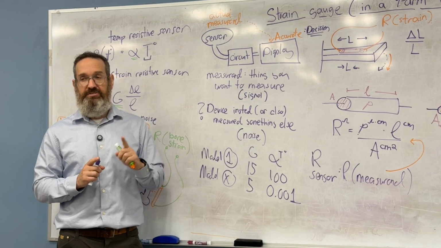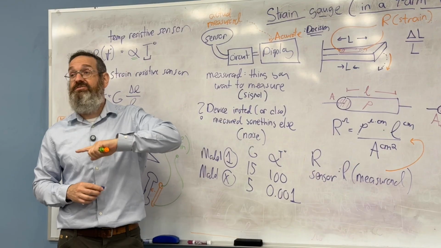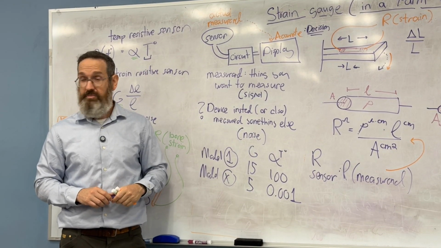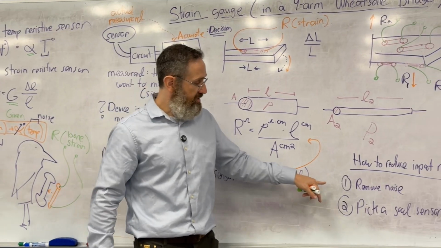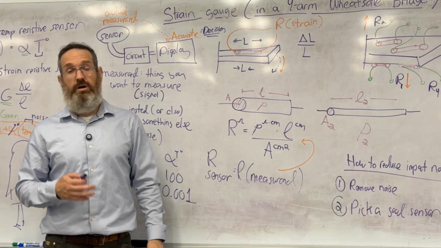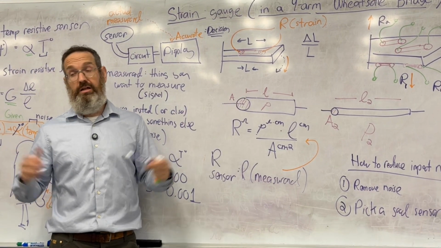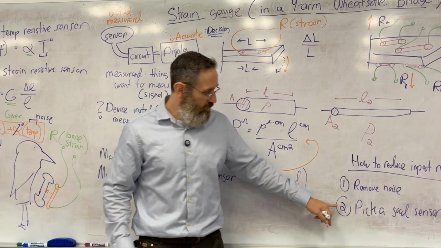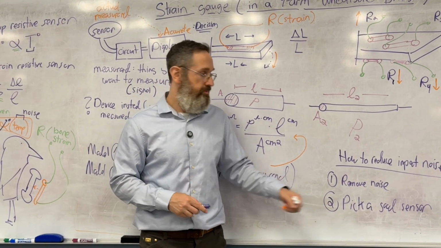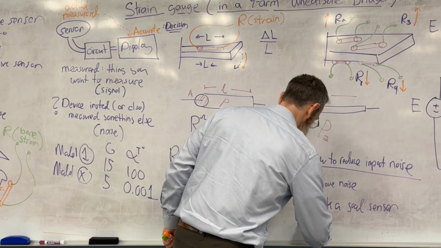Now, it's finding sensors that are not sensitive to the things that you don't want. Okay? It turns out that this and this are not enough. They're not going to be enough in the examples. They're not real in life. You could say, well, don't they just make one that does? No, they don't.